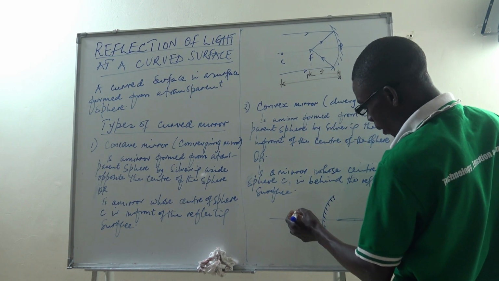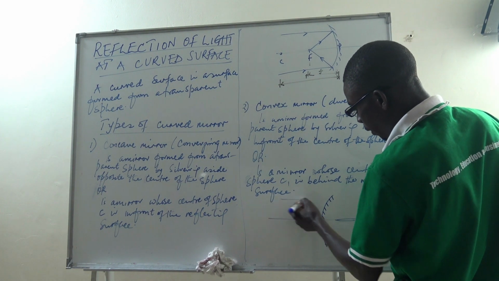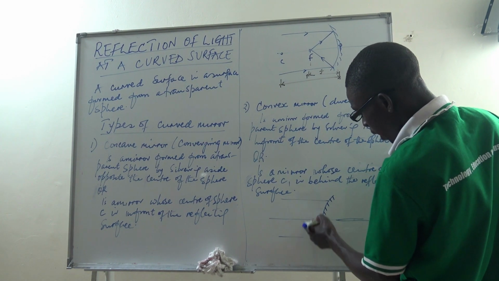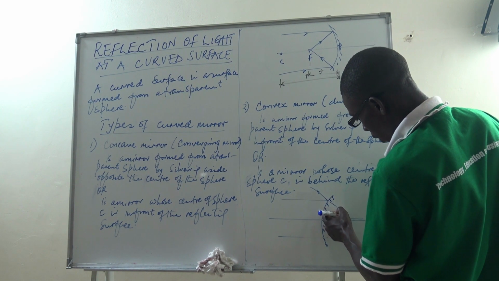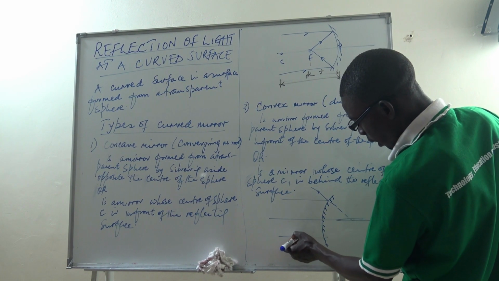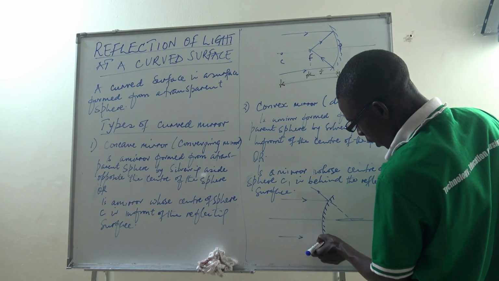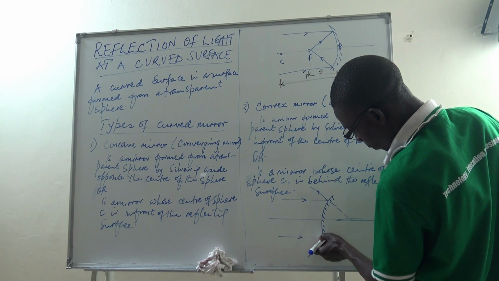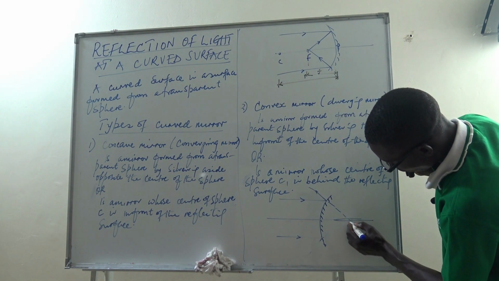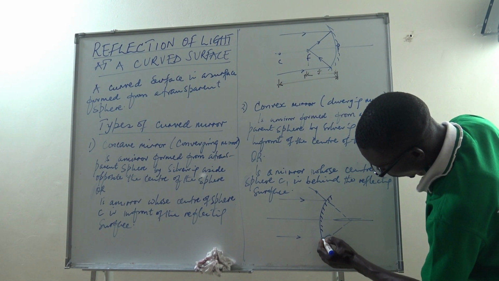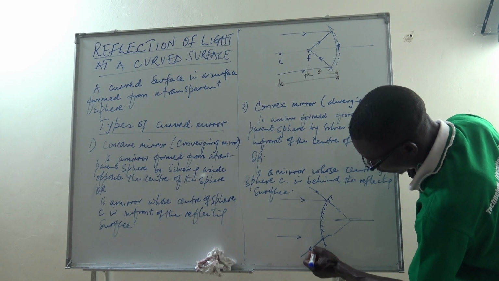And here what is very true is that if the light rays come, they are incident here, they are reflected here, and appear to be coming from some point here. Here it is incident, and then reflected, appearing to be coming from some other point here. Okay?